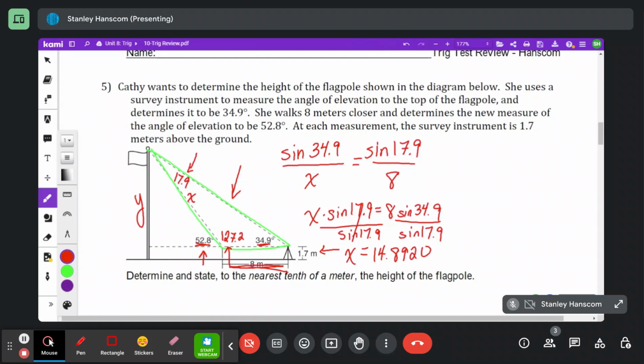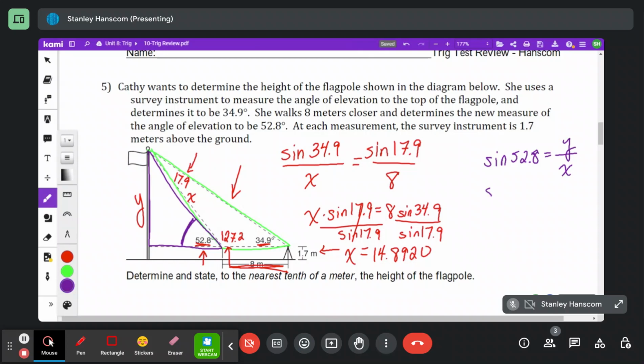And now I'll be able to transition back to this right triangle, use x to find y. Because from the 52.8 degree angle, we have an opposite side and we have a hypotenuse, so we can use the sine of 52.8 to help me go ahead and say that's equal to y over x.